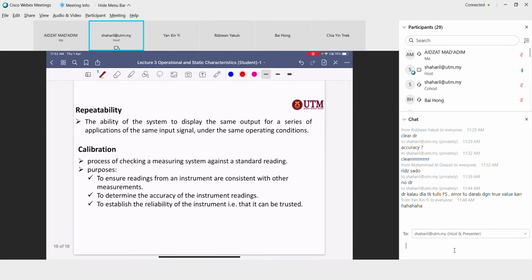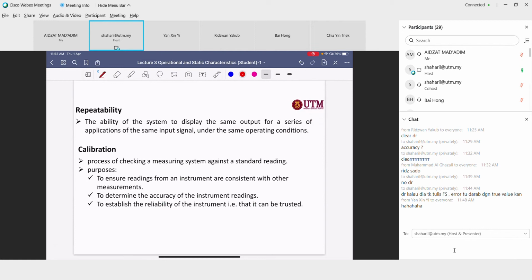And repeatability is when you develop an instrumentation system, that means it has the transducer and also the signal conditioning. When you try to get the data for today and then for tomorrow at the same condition, you should get the same value.